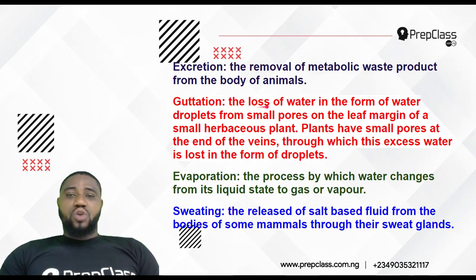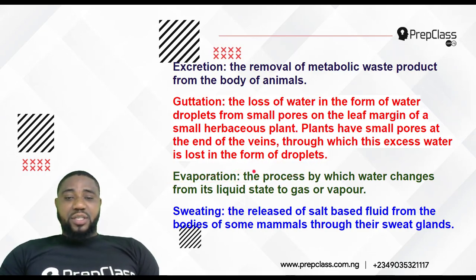Guttation, the loss of water in the form of water droplets from small pores on the leaf margin of a small herbaceous plant. Plants have small pores at the end of the veins through which this excess water is lost in the form of droplets. I believe we've seen our answer.